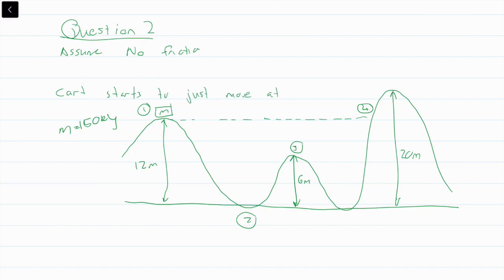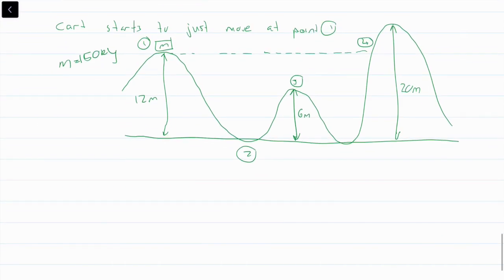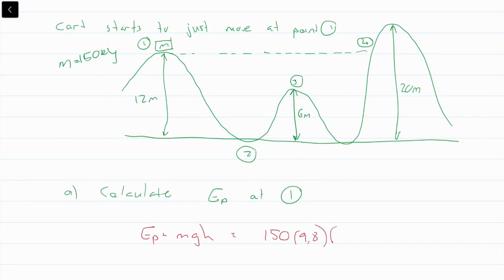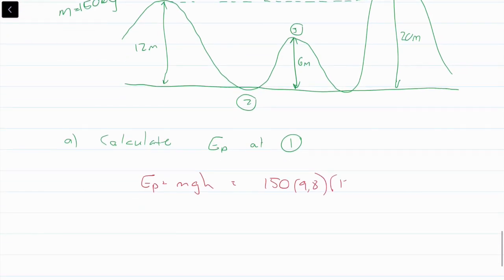Okay, so question A is, let's say, calculate the gravitational potential energy, EP, at point 1. If we did that, we're going to say EP equals mgh, which is equal to our mass of 150 times 9.8 times our height, which is 12 meters at point 1.